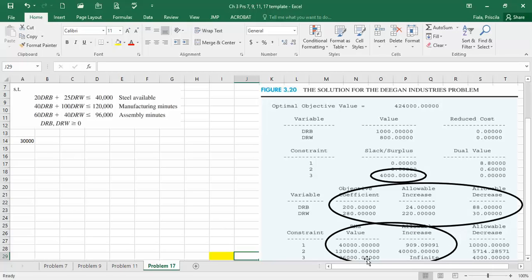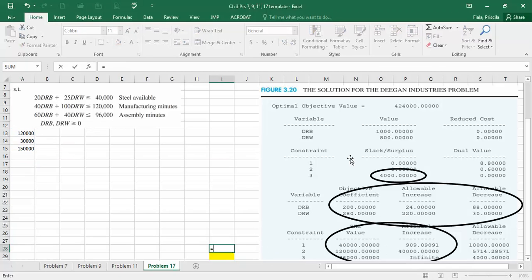Because we have 120,000 total. So let's put it here, and now we're considering adding 30. That's 150. Well, if we go to constraint number 2 over here, let's do the range.